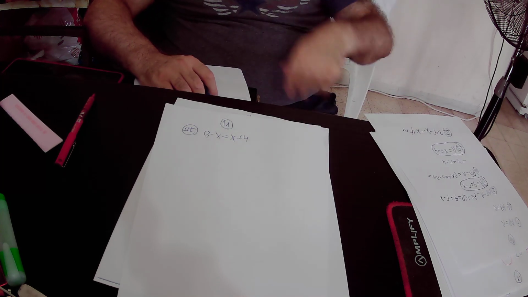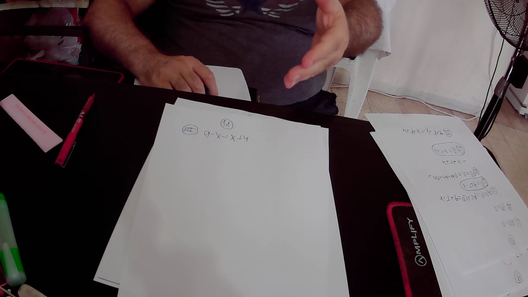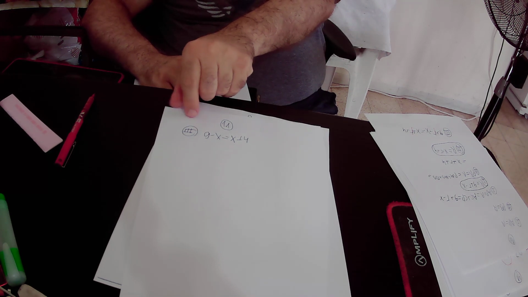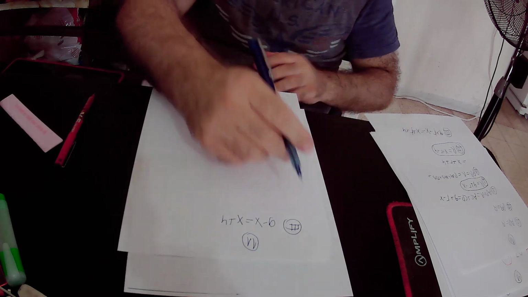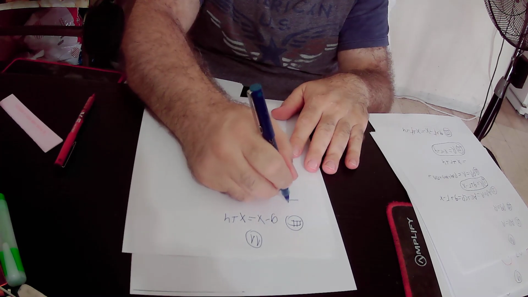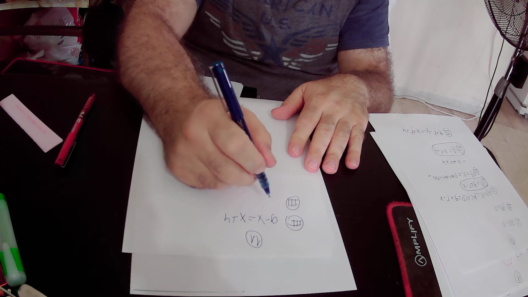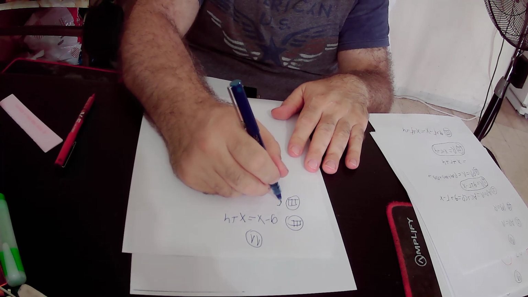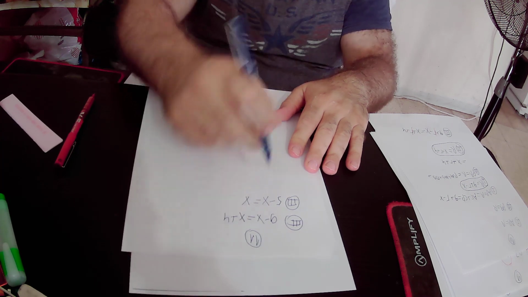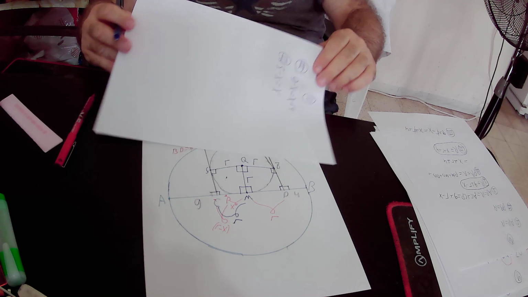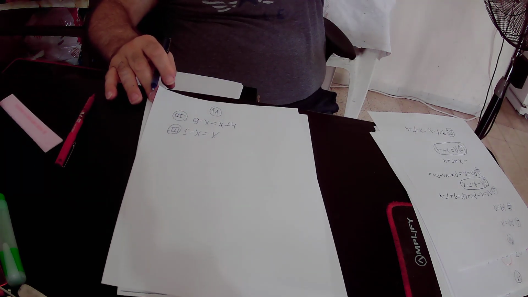Here we will subtract 4 from this equality and we will get that 9 minus 4 is 5. So we got that 5 minus x equals x.